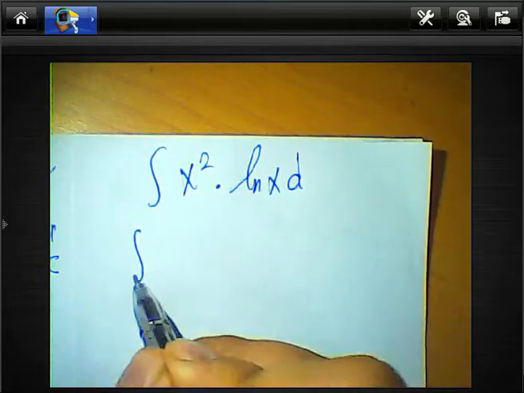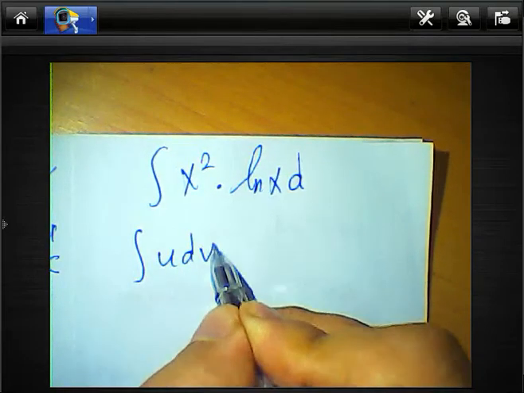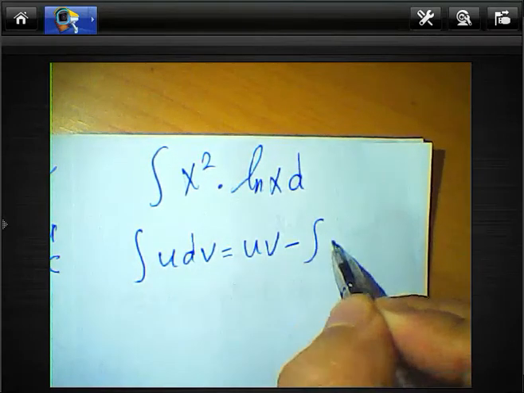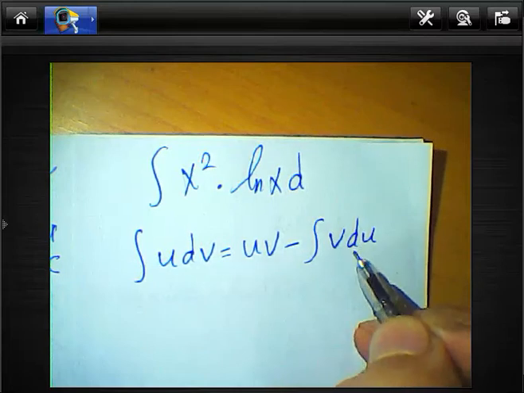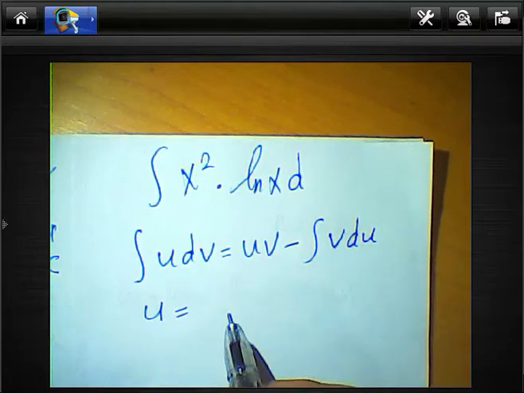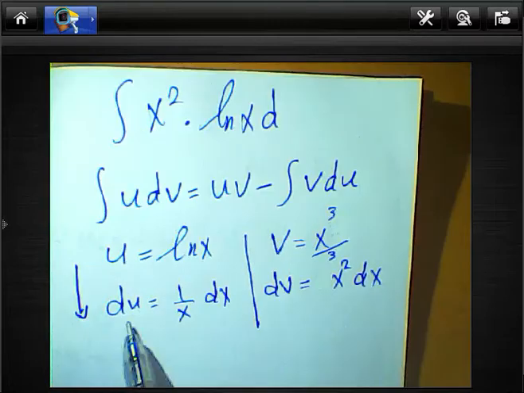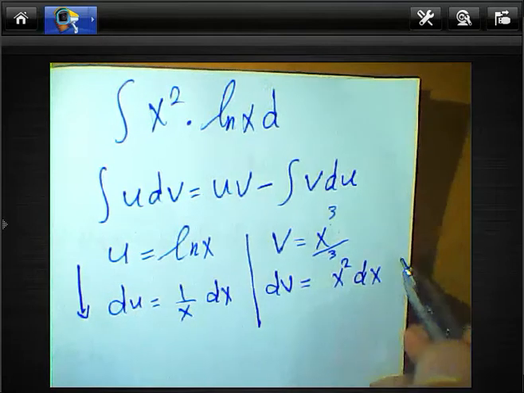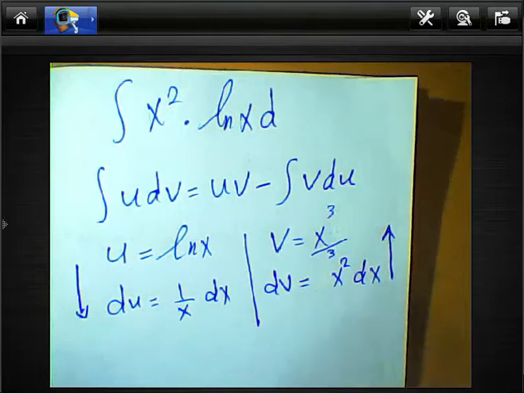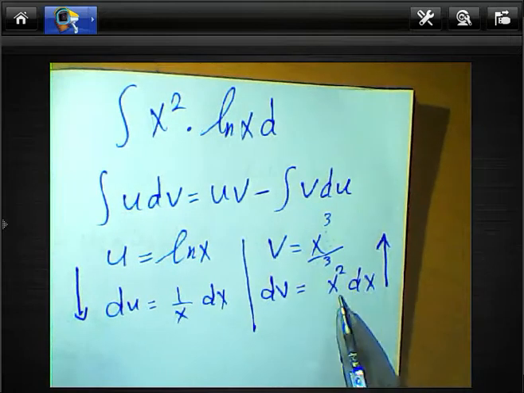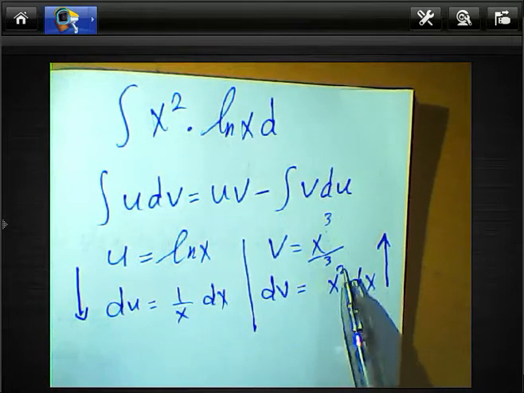We can write the integration of u dv equals uv subtract the integration of v du. So we must let u equal the first, ln of x, so du equal 1 over x dx, and dv equals x power 2 dx, so v equals x power 3 over 3.